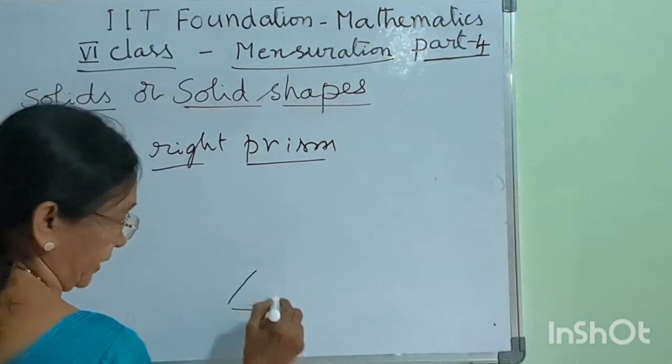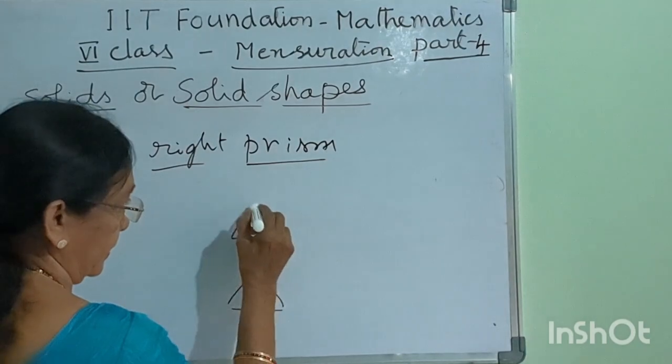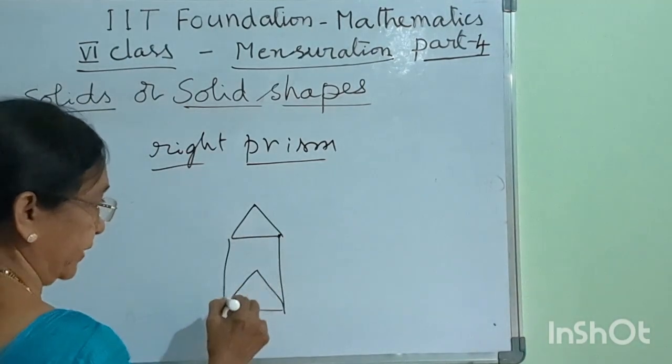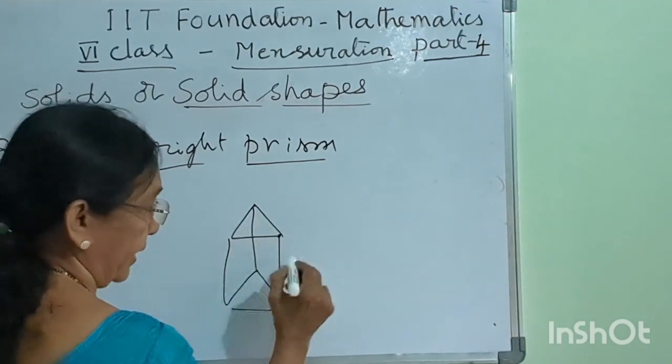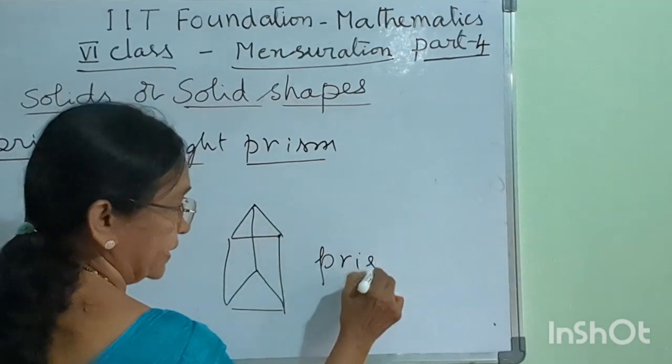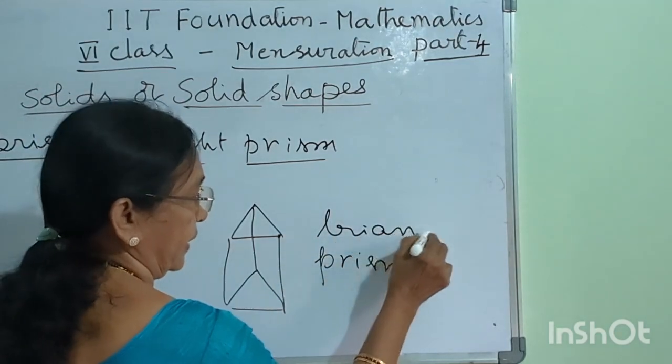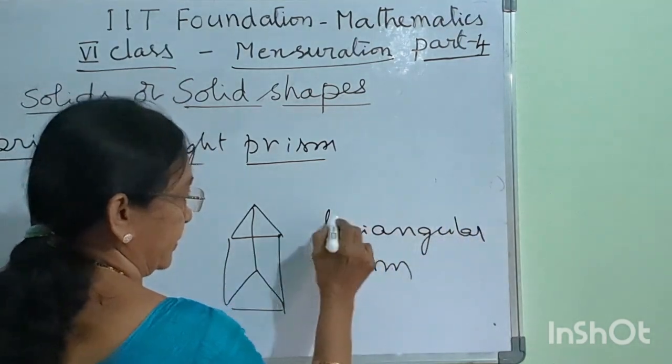And suppose we take a triangle and the vertex, these corners are joined, we find a prism. This is called a triangular prism.